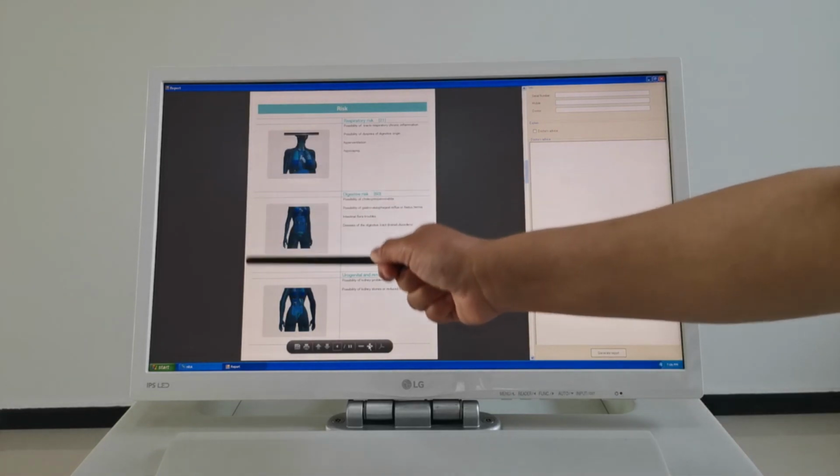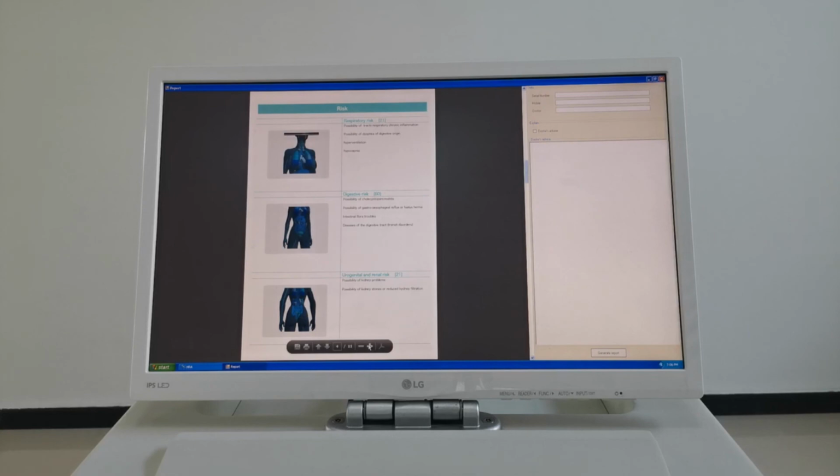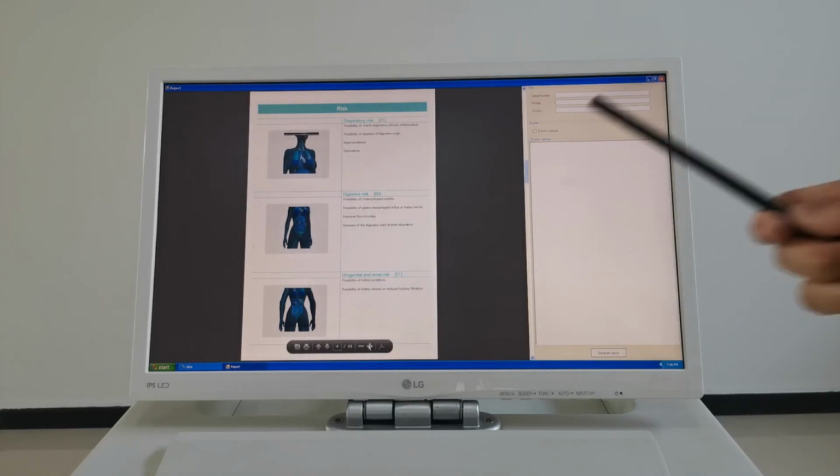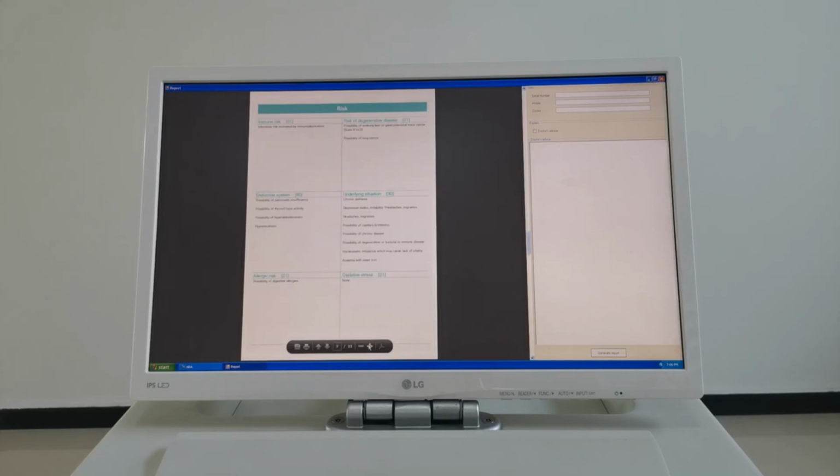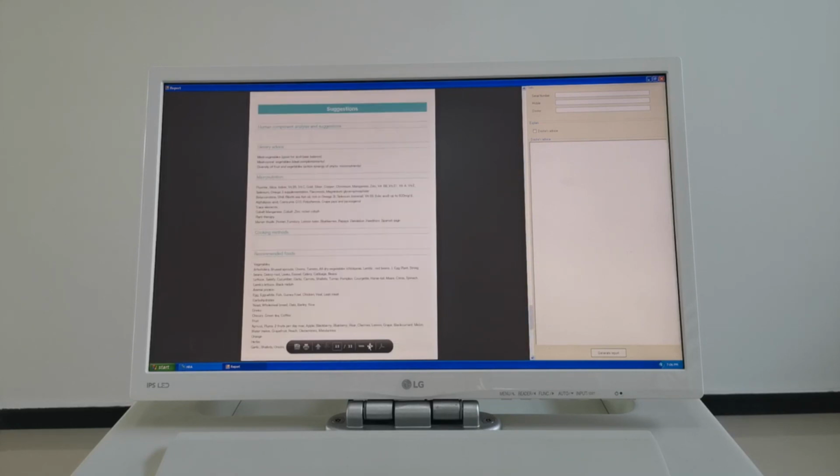And also there will be the 3D image screenshot in the system as well. And at last, we will have the suggestions about the examinee's daily life, and also we will have the doctor's advice for the clinical examination and the health suggestions. And all this is the details about the paper report.